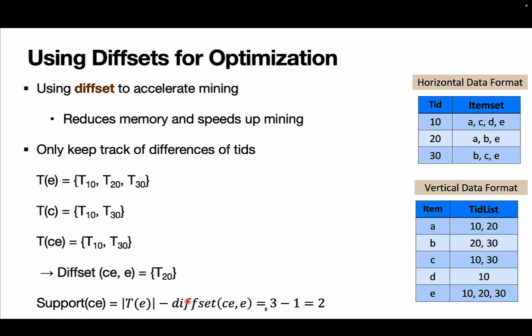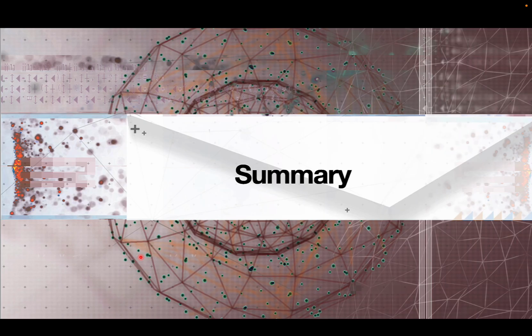If I subtract the Diffset from the length of T of E, I end up with the support of C and E and save space from not storing the intersection. In summary, we discussed an Apriori improvement through exploring the vertical data format.